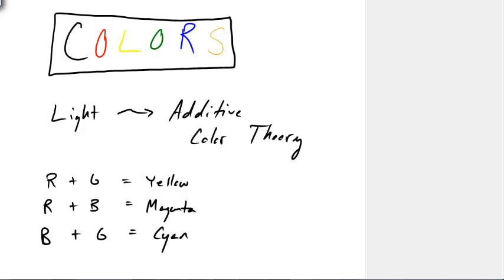One way to think about this is if we think about the color spectrum, if we recall, it's red, orange, yellow, green, blue, and violet. And you see three of our primary colors are right up here in red, green, and blue.